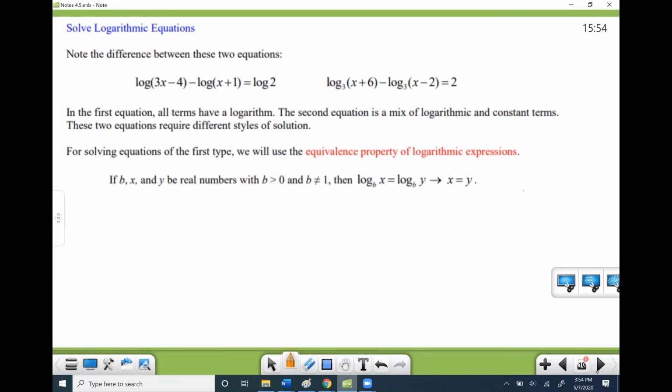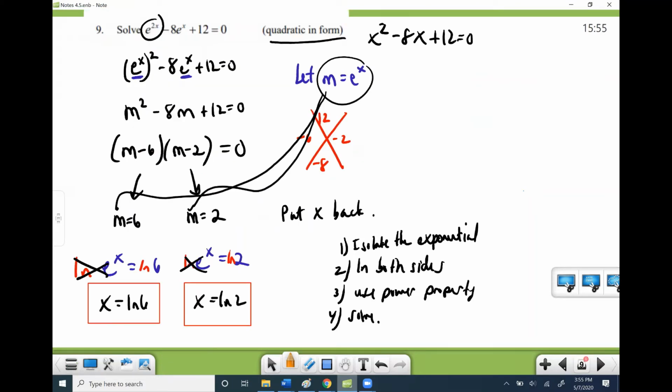Now we're going to solve, oh, go for it, Nat, sorry. So is there a way to check that by plugging it back into the system to make sure it's right? I mean, how can the ln of 6 and the ln of 2 both give you the same answer? Well, it's kind of like when you solve this, right? It's like, what? Both 6 and 2 get me 0? But yeah, both 6 and 2 do get you 0, right?